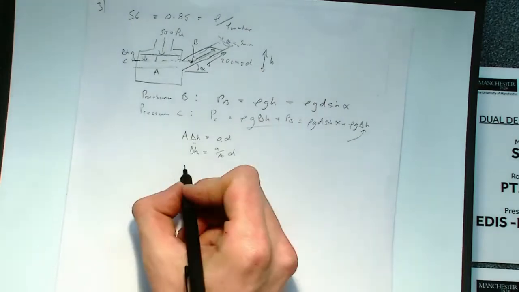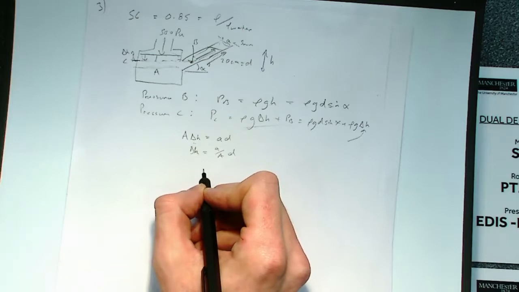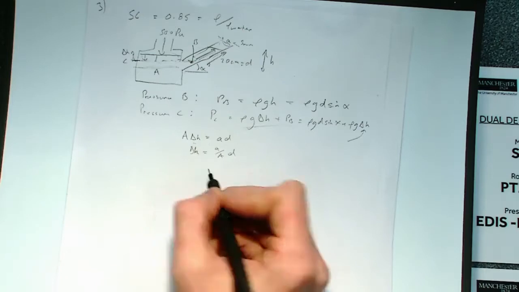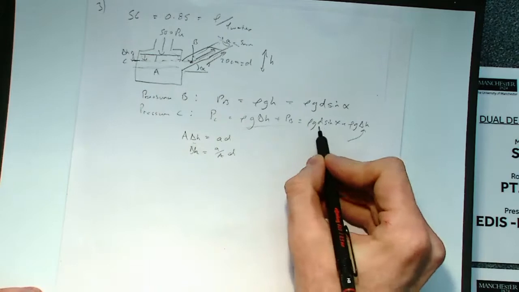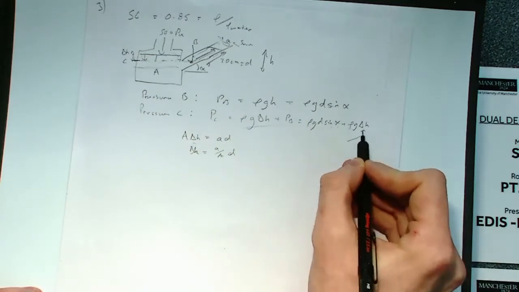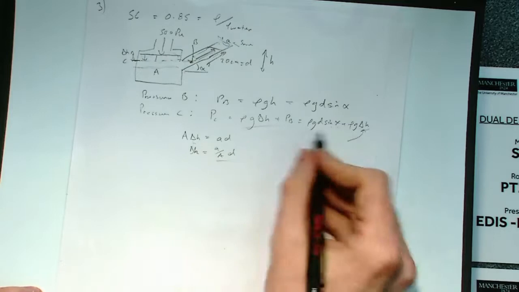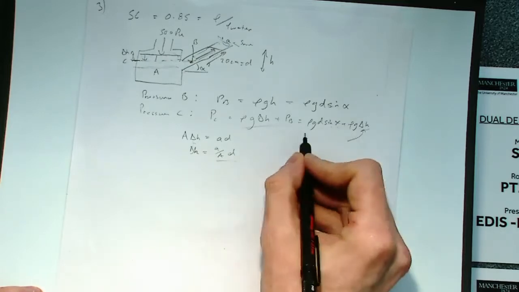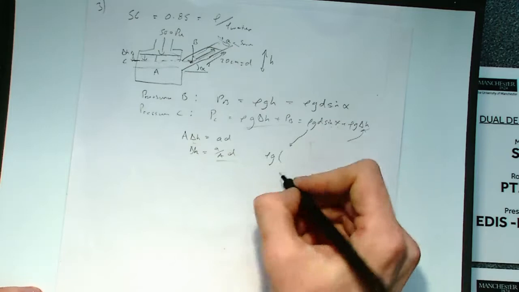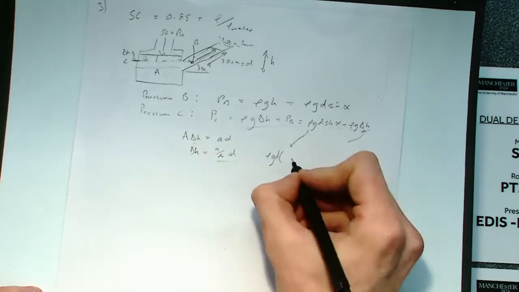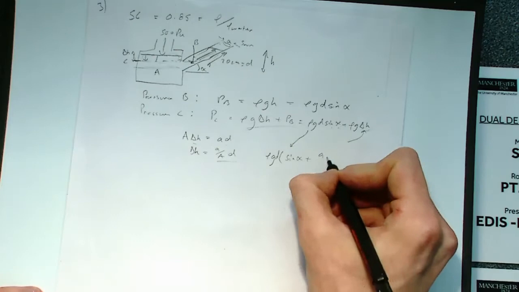Now we've got both of these in terms of D: we've got D sine alpha, and now we've got delta H in terms of D as well. So we can rewrite this equation as rho G, and then D outside actually, sine alpha, and then it's A over A.